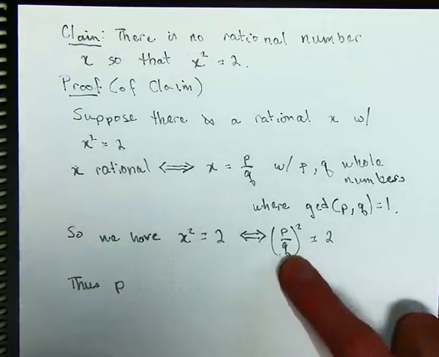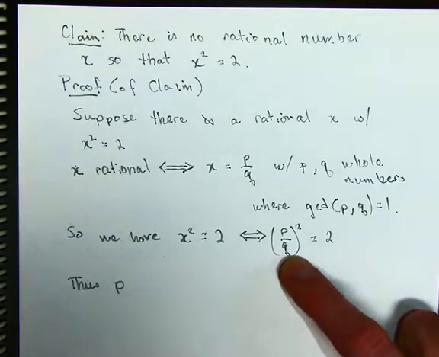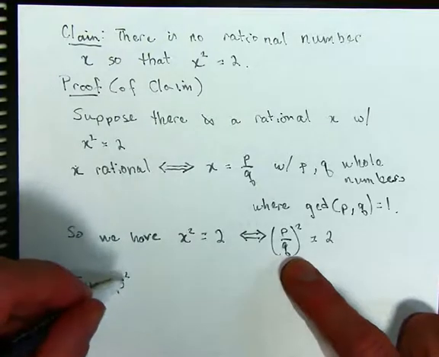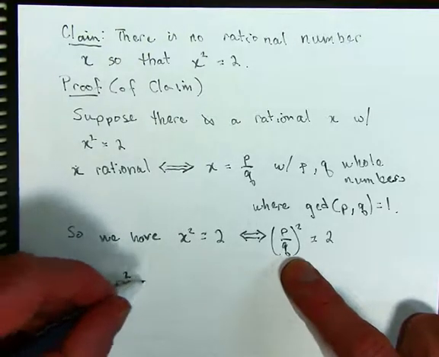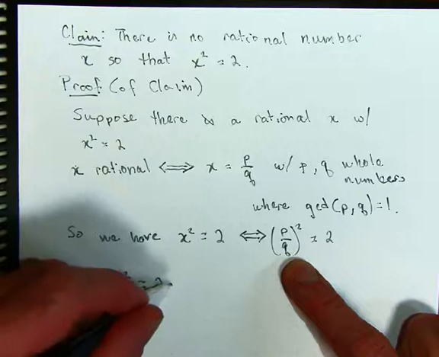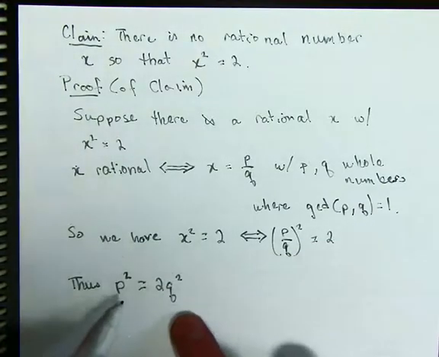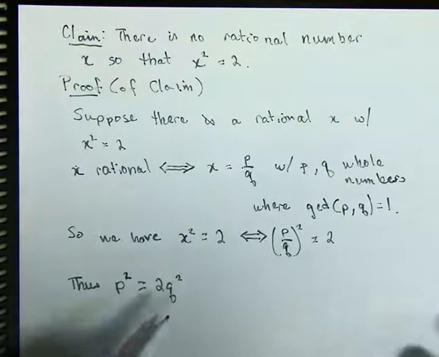Now, if we do the algebra, you're squaring a fraction. You take p over q times p over q, multiplying fractions straight across. So the left-hand side is p squared over q squared. You can multiply both sides of that by q squared to get p squared equals 2q squared.